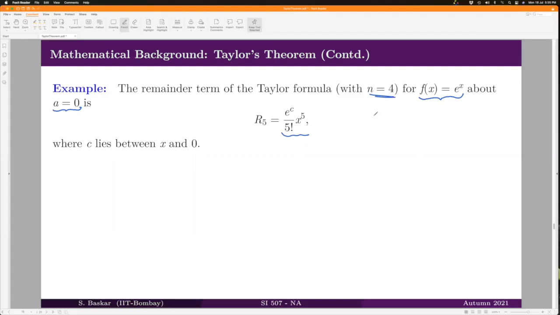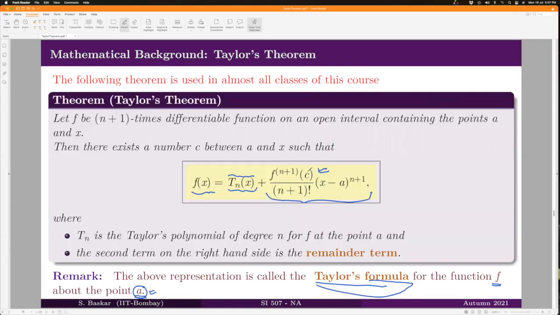Remember, the remainder term R_n is going to involve the (n plus 1)th derivative, so one derivative more, and that is not evaluated at a. Remember, it is not evaluated at a. That is the whole problem of this Taylor expansion. It is evaluated at some unknown point.